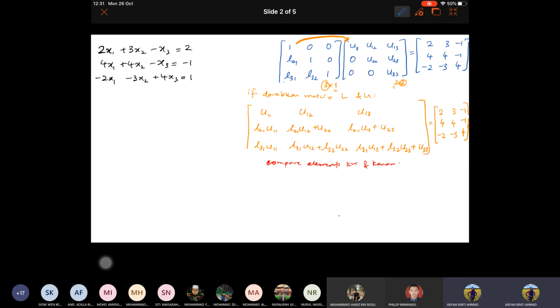So compare each elements, you can see U11 sama dengan this one, 2. Okay. So compare each elements kat belah kiri dan kanan akan dapat, so saya letak dekat sini, okay. U11 akan sama dengan 2. Then apa lagi yang awak boleh compare directly?